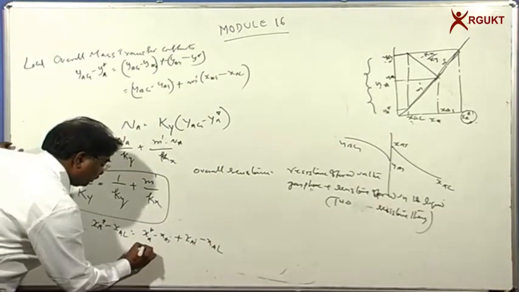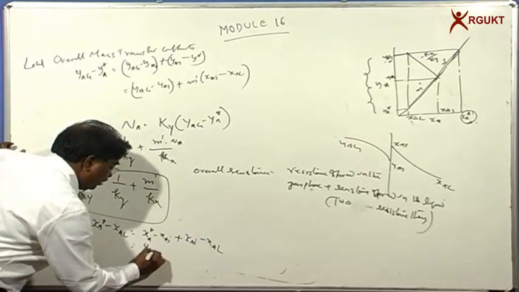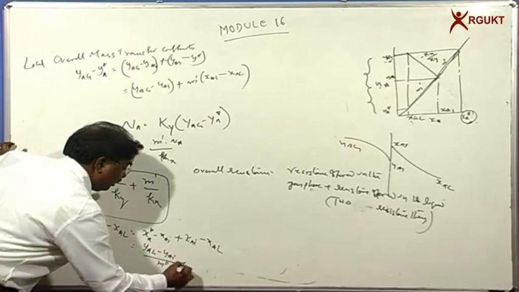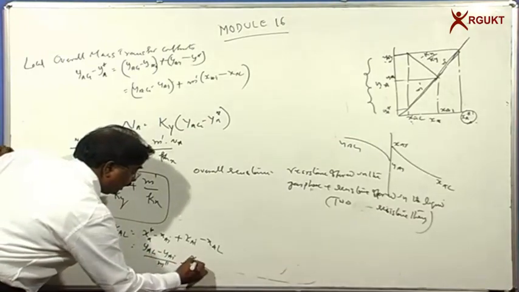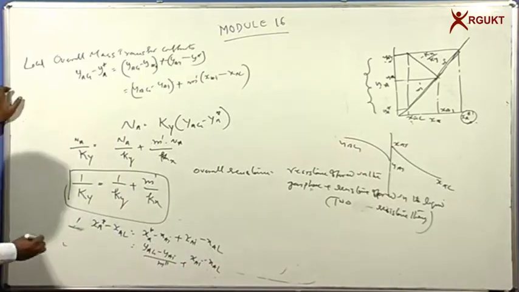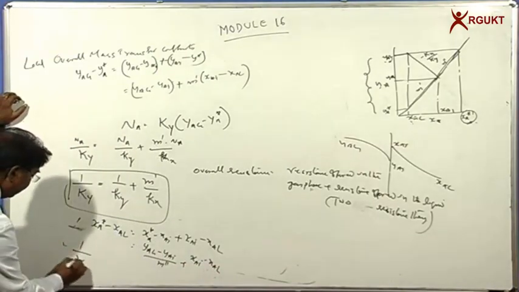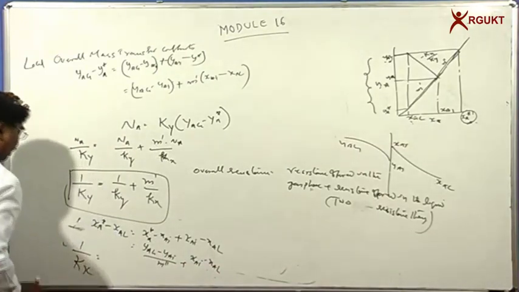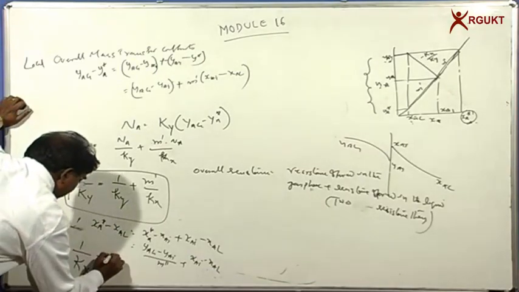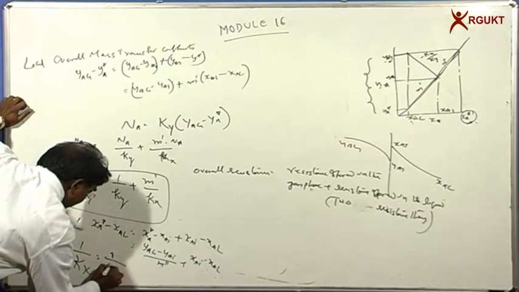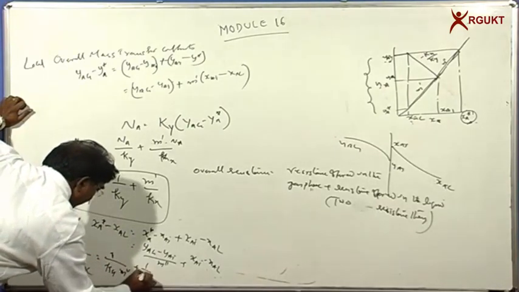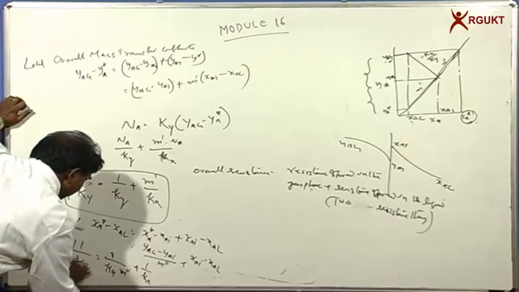This becomes Yag minus Yai divided by m double prime, plus Xai minus Xal. This can be written as 1 by capital Kx, the overall mass transfer coefficient for the liquid phase based on the liquid phase concentrations, equals 1 by ky m double prime plus 1 by small kx.